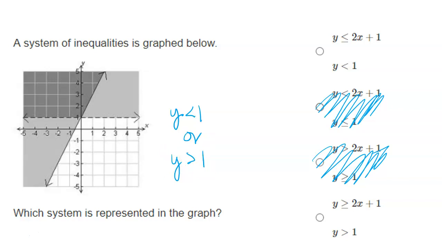So now we just need to figure out which it is. So I'm shaded above the dashed line, which means it should be y is greater than 1. That should mean this is the correct answer choice, but we can double check it. So my other line should be solid, and greater than would tell me it's shaded above, and it is. You can see this is shaded above. So answer choice D would be my answer here.